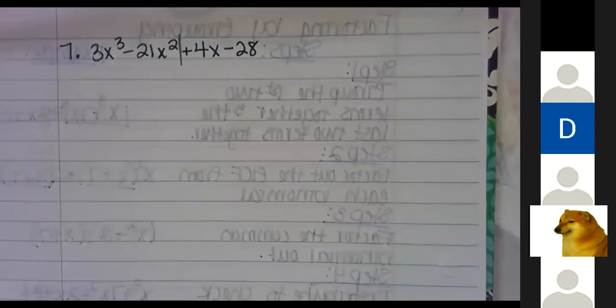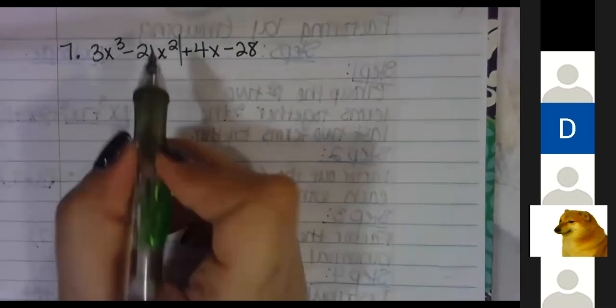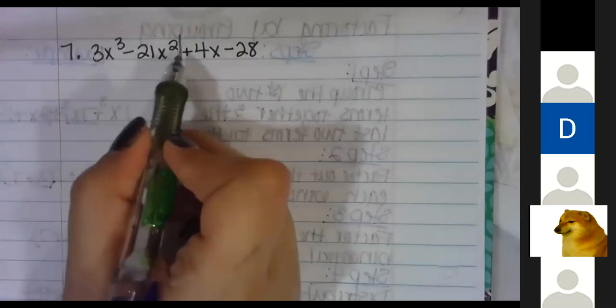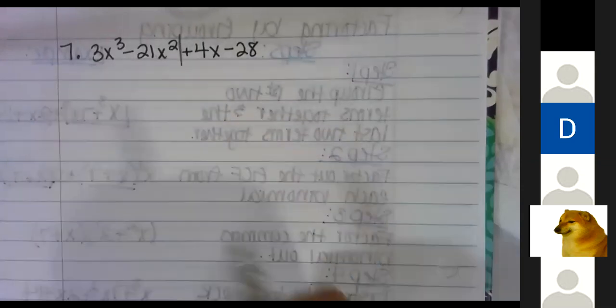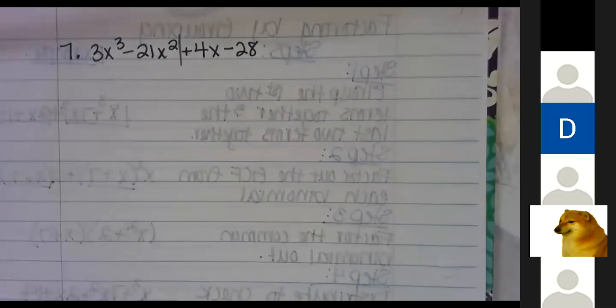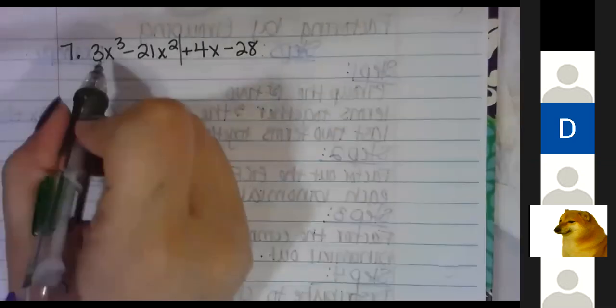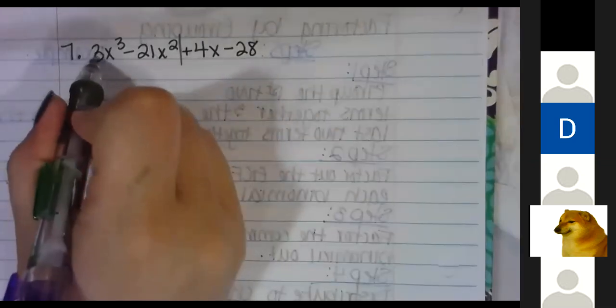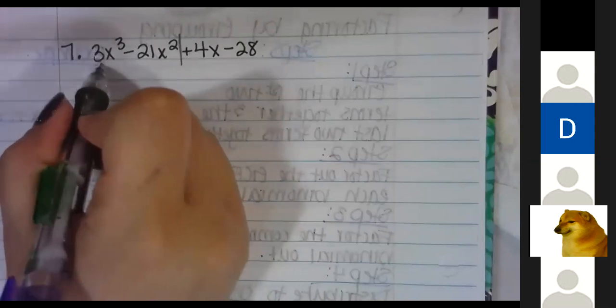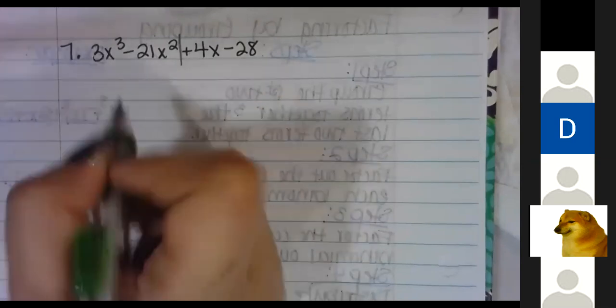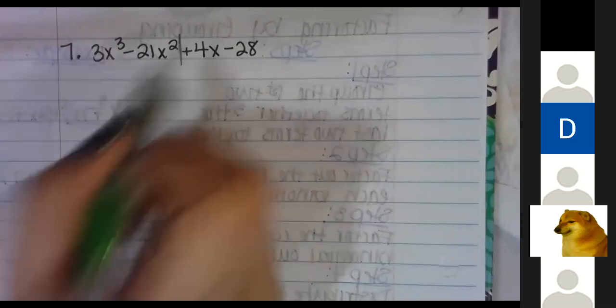Then split it down the middle. And you always want to split it right after the second term, but before the sign of the third term. This one actually does have a leading coefficient of 3. Remember, your leading coefficient is your very first coefficient of your whole polynomial.